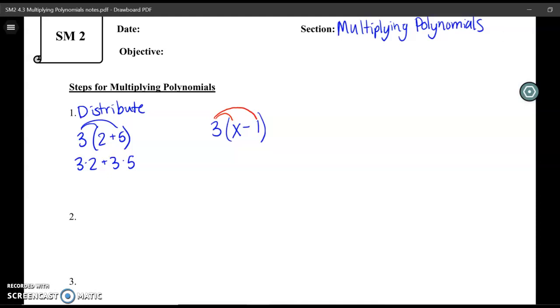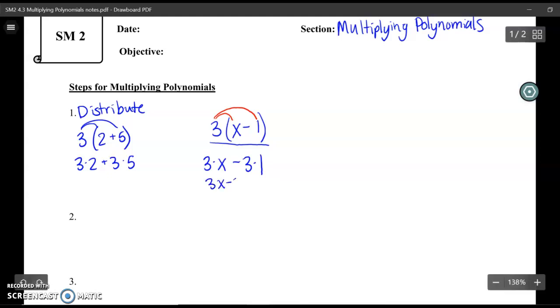In this first line, we are doing 3 times everything in the parentheses, x minus 1. And I'm just going to rewrite it as 3 times each piece of the parentheses. So now I have 3 times x minus 3 times 1. And then I can just multiply those to be 3x minus 3. Okay, so that's kind of a simple version of distributing.